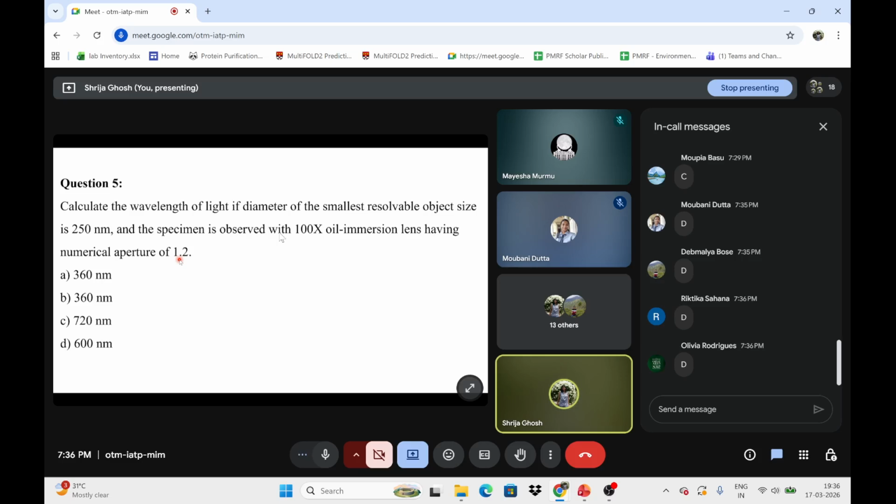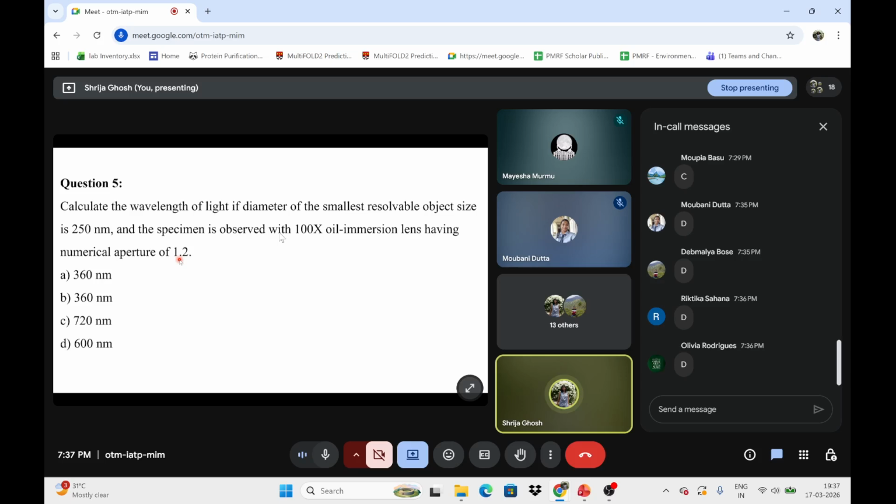I see two more people have meanwhile answered in the chat box. What about others? There are almost 15 students in this call and I have only 4 answers. I've told you how to solve it now. Resolution is equal to 0.5 wavelength by numerical aperture.